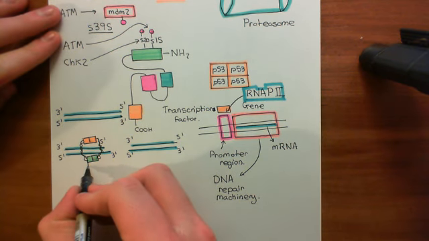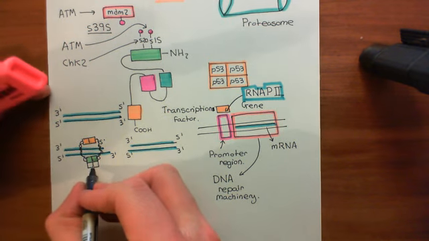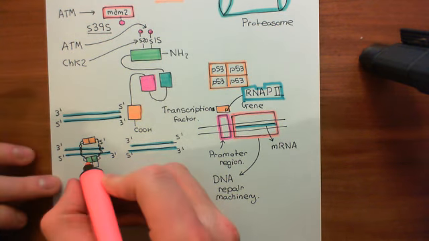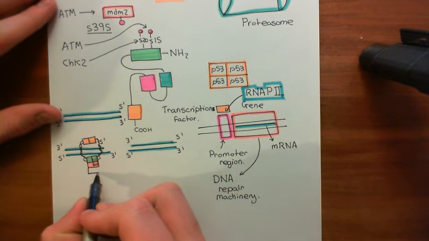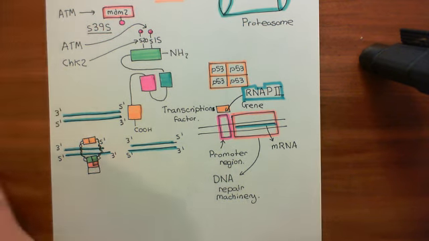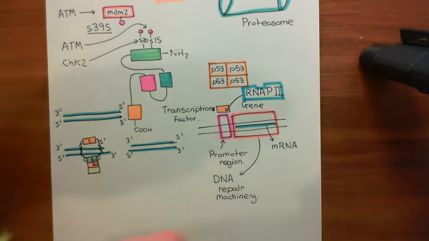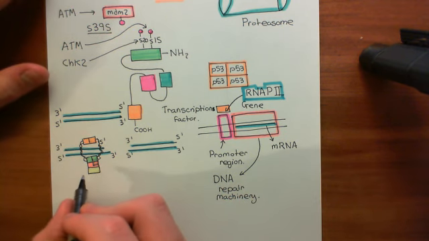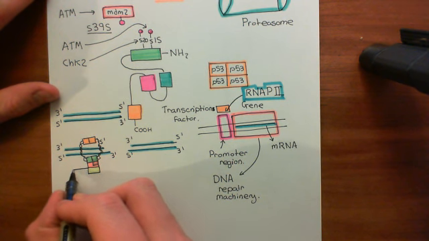And then underneath the heads of the Rad50 proteins, we've got the two MRE11 proteins. And then underneath that, we've got the NBS1 protein, and I'll have that in yellow. Now, if homologous recombination is going to occur, a certain protein is going to come and bind to NBS1.